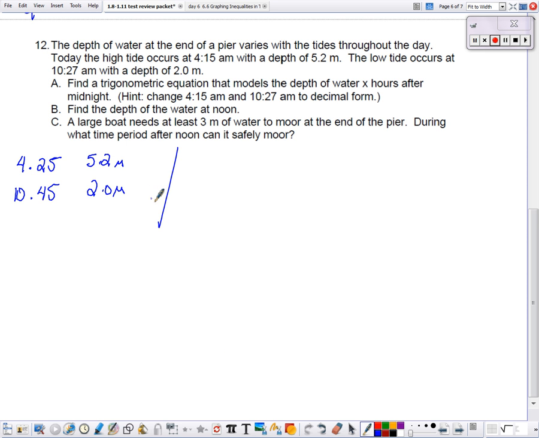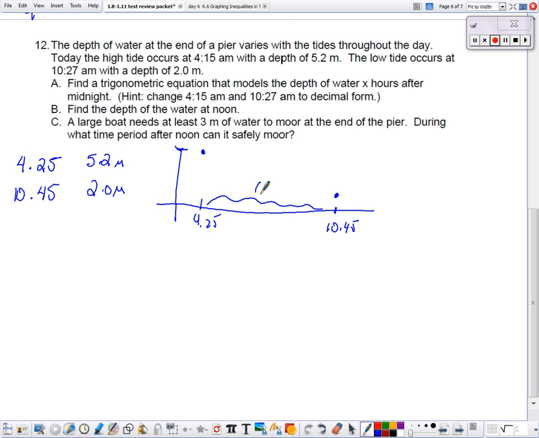I'm going to make a quick sketch, just helps me. So at 4 1/4, we're at 5.2, and then at 10.45, we're at the low tide. So if I find the hours in between here, that will be half my period. So 10.45 minus 4.25.